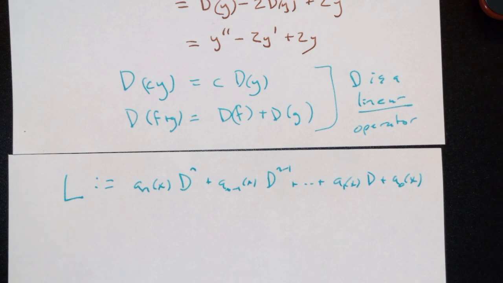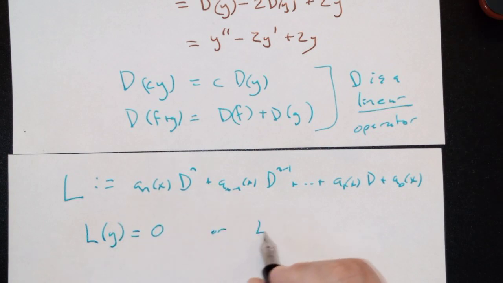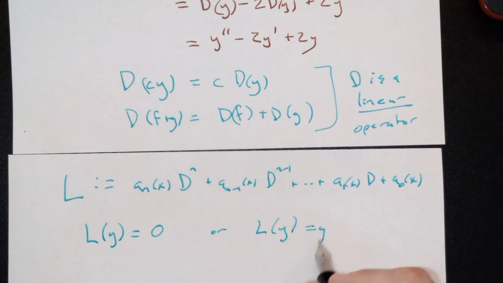Our initial value problem can now be written as a very simple thing. L of y equals 0, or L of y equals g of x. The one on the left is homogeneous. The one on the right isn't. And that represents a differential equation.